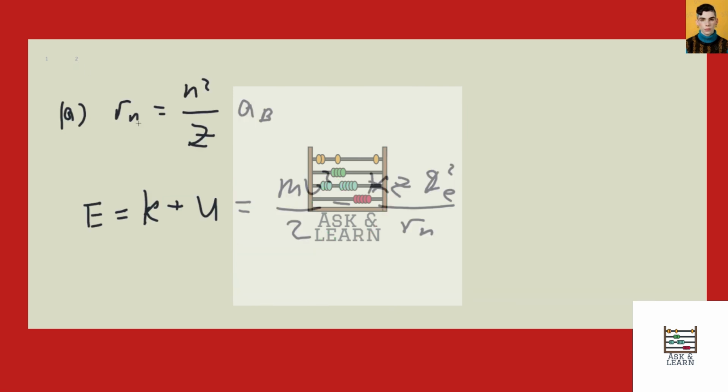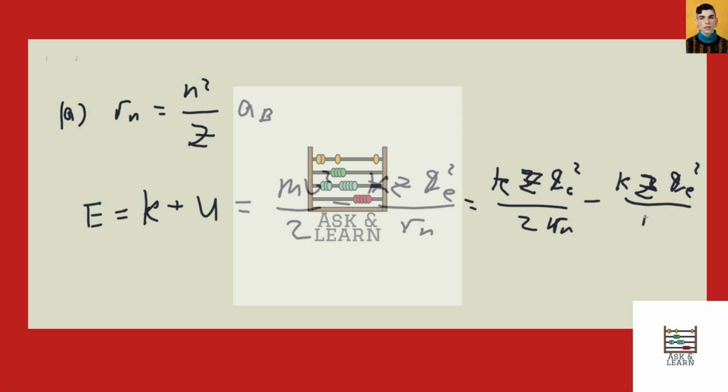So we can rewrite this as k Z Qe squared over 2R_n minus k Z Qe squared over R_n, the same term, which in total is minus 1 over 2 k Z Qe squared over R_n.